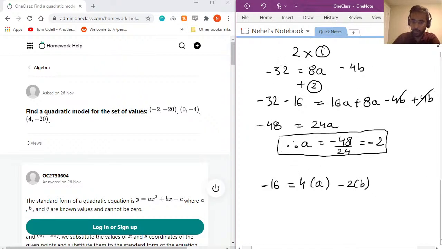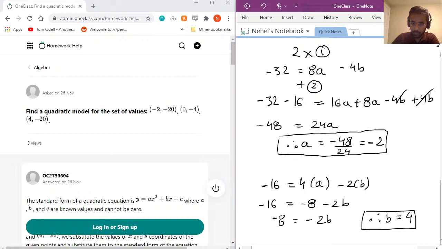So we know our a is equal to minus 2, so therefore it becomes negative 16 is equals to 4 times minus 2 is minus 8, minus 2b. We take the negative 8 to the other side, it becomes positive 8, and we get negative 8 is equals to negative 2b. Therefore b is equals to 4. So we get the value of b as well.